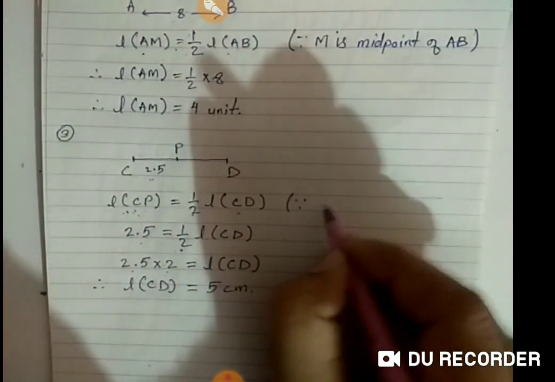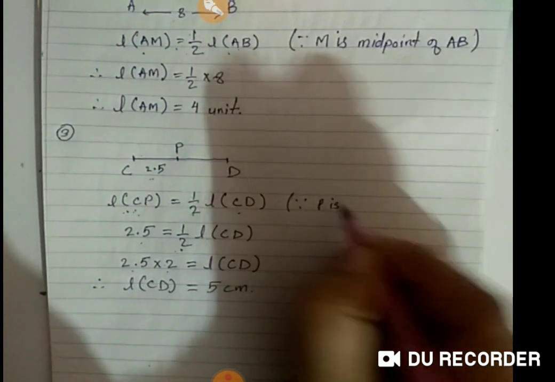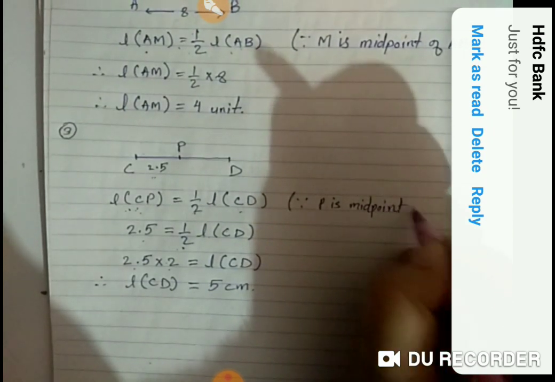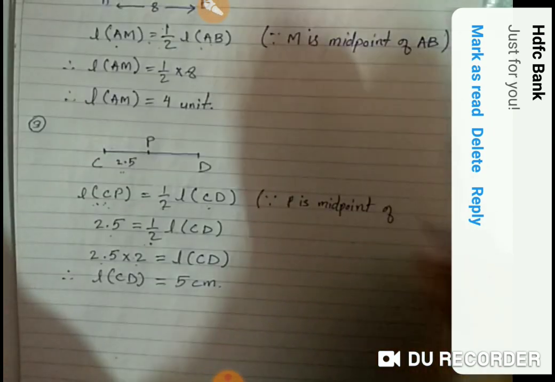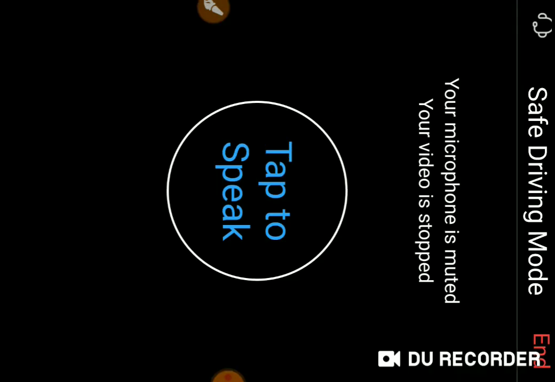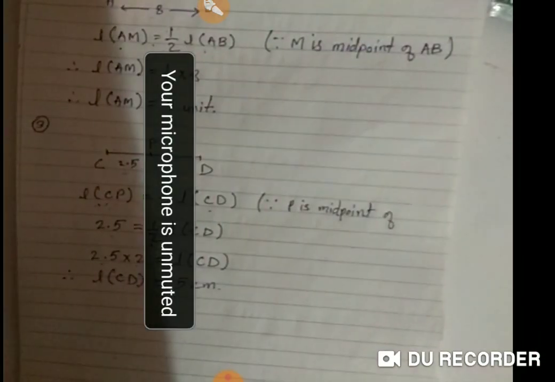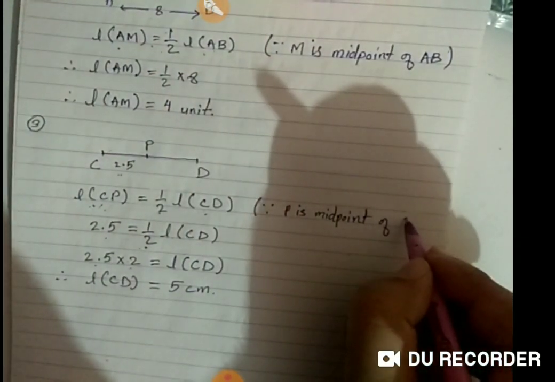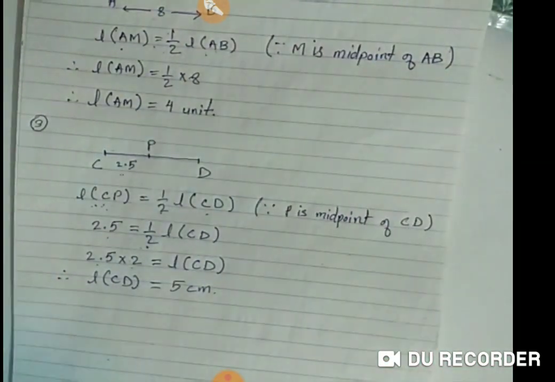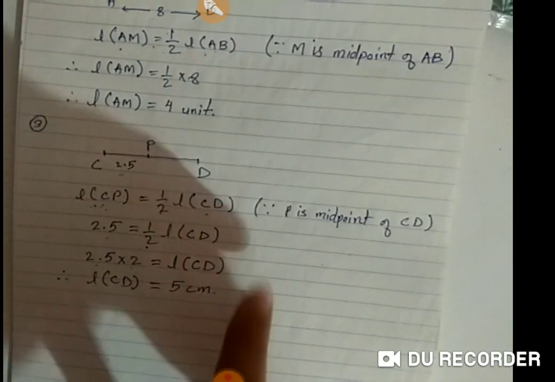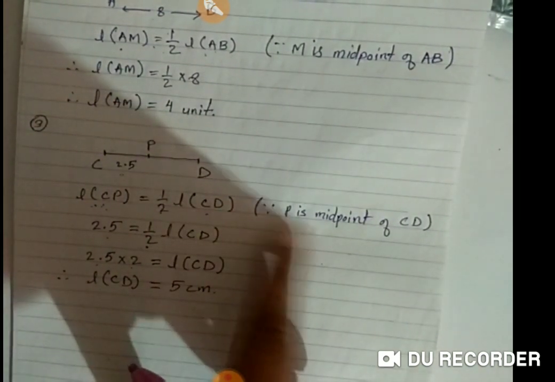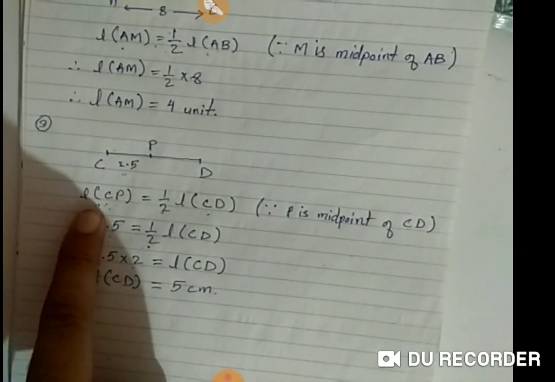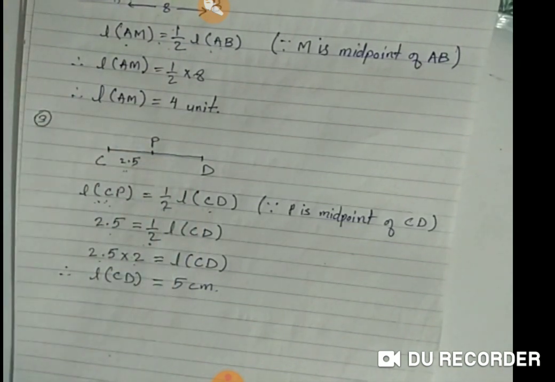Because P is midpoint of CD. It is already given in our question that P is midpoint of CD. So on the basis of this, you can say length of CP is half of length of CD.